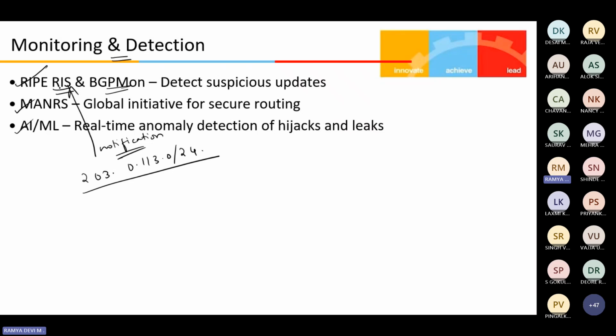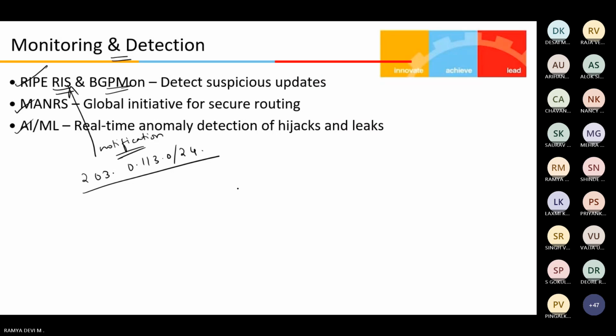And the third one, with the help of AI/ML, machine learning models can process massive volumes of routing updates, and they can detect deviations from normal patterns. Sudden path changes, prefix hijacking, the links can be verified. So real-time responses can be taken, and we can identify whether it is hijacking, spam, phishing, surveillance, everything can be provided.